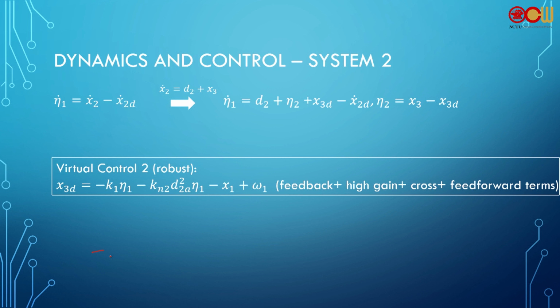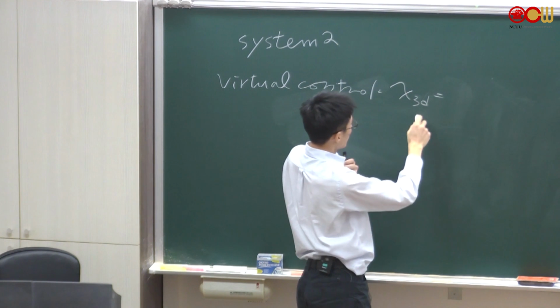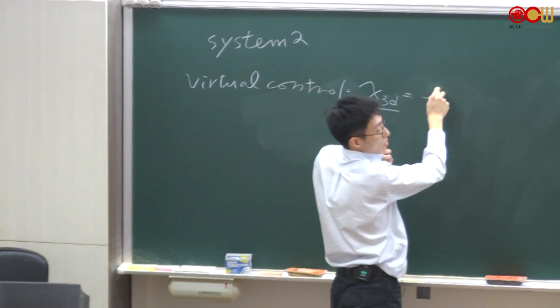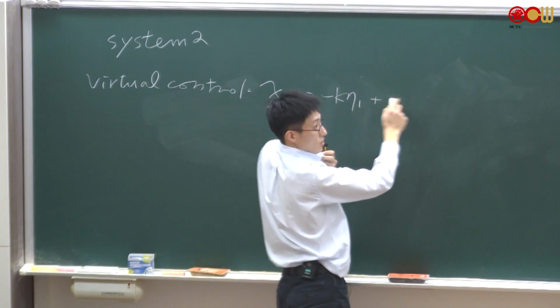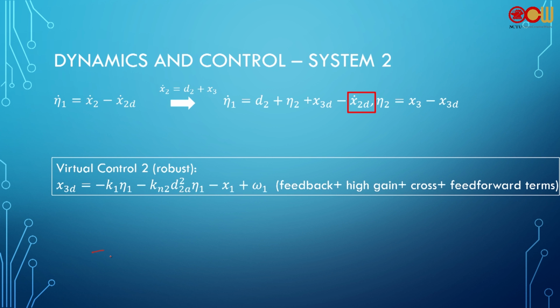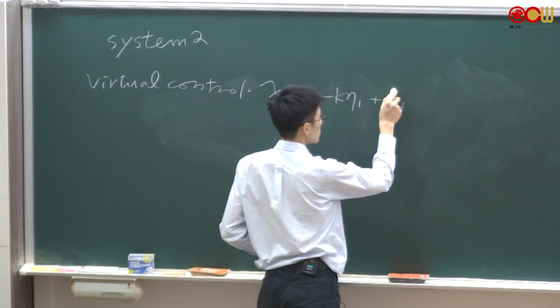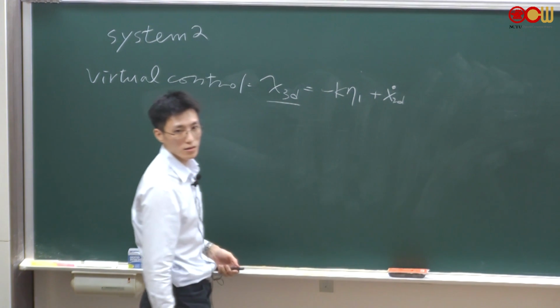And if x2d, which is the virtual control of the previous system, is designed as a sine function, the time derivative of x2d won't exist. You design a virtual control for the second system with feedback terms and a term to cancel out this x2d, so you put x2d dot.